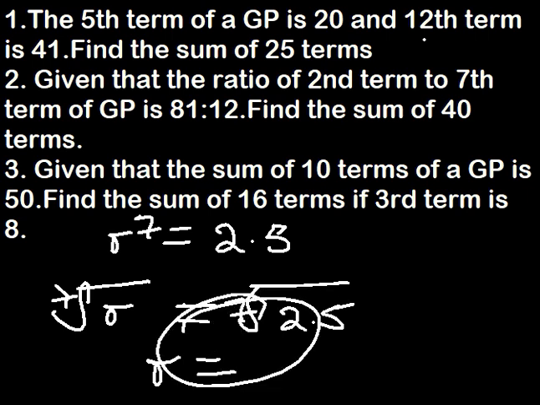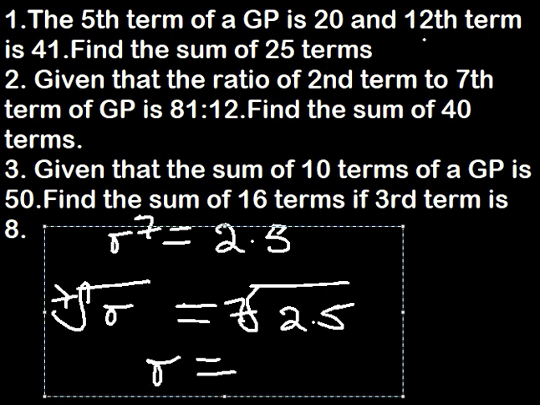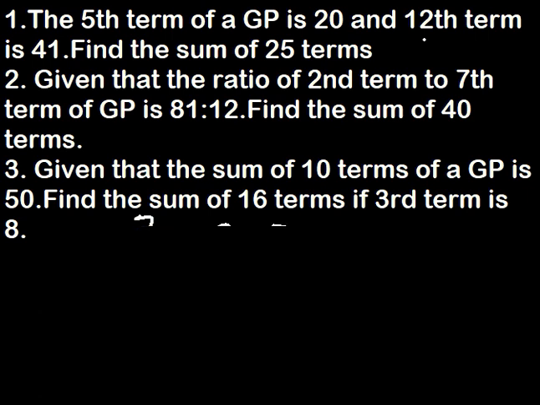Then substitute into the formula either the first equation or the second equation, and you'll be able to solve for the corresponding first term. And upon having the value of r, you see which formula we should use in order to have the sum of 20 terms.